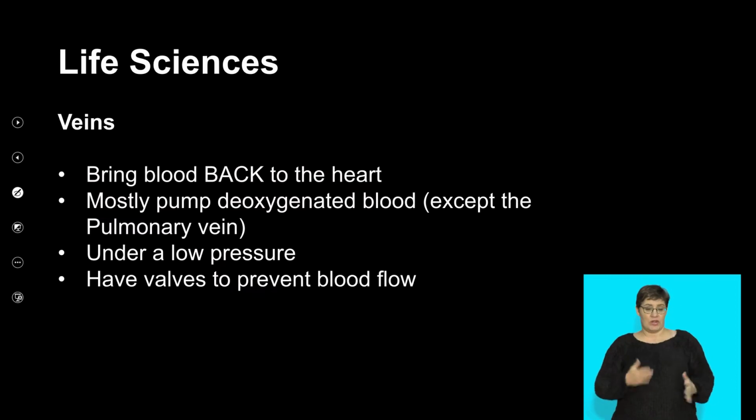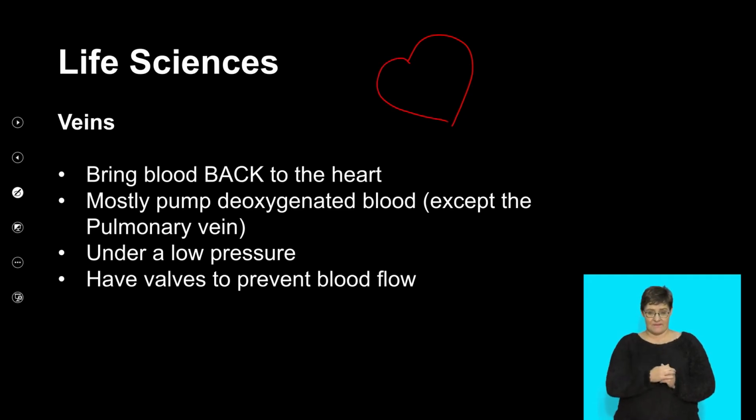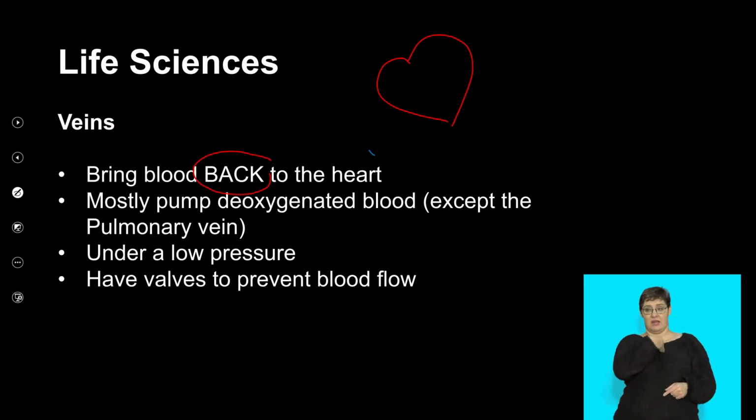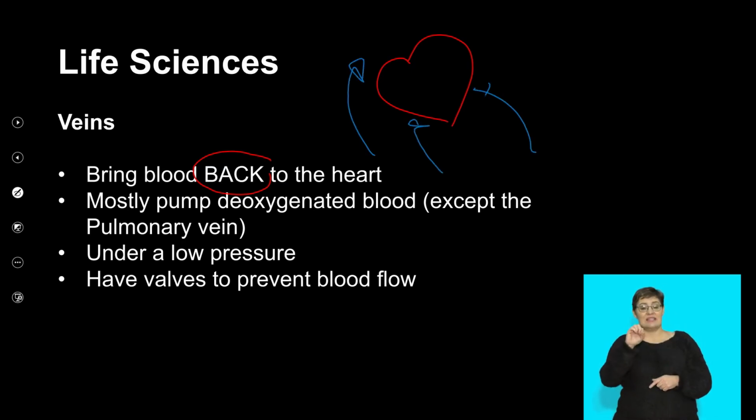Okay, that brings me now to veins. Here's my heart, and let's change to blue. A vein brings blood back to the heart. Any vessel bringing blood to the heart is called a vein.